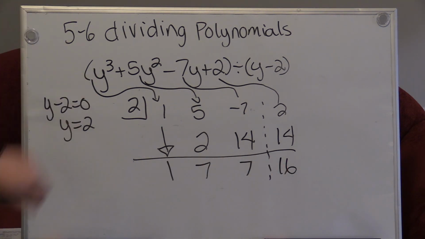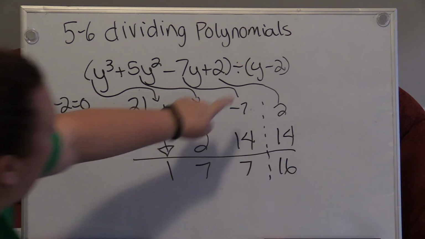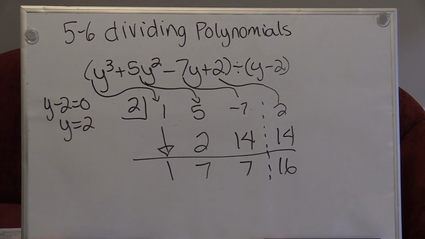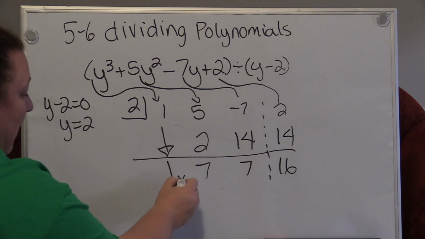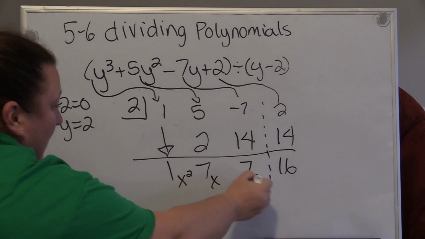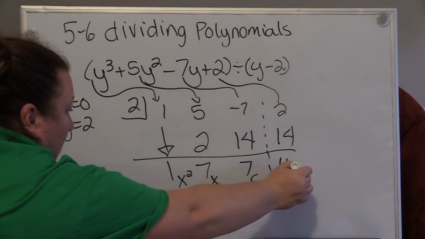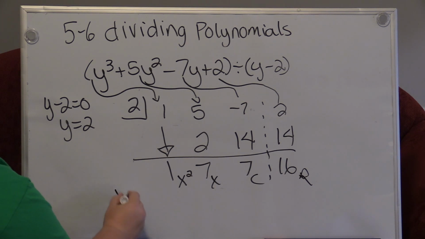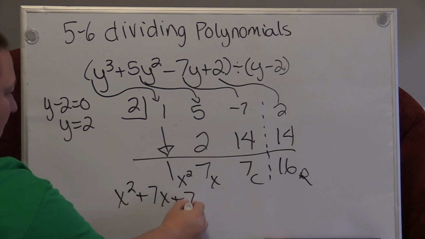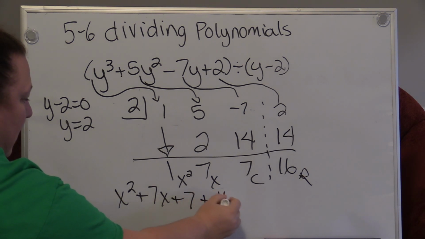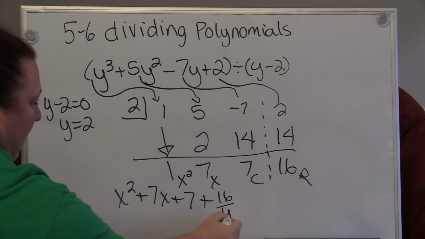This time we started with y cubed and we divided by y. So 3 minus 1 is 2. So this is my y squared, y, constant, remainder. So I have y squared plus 7y plus 7 plus 16 over y minus 2.